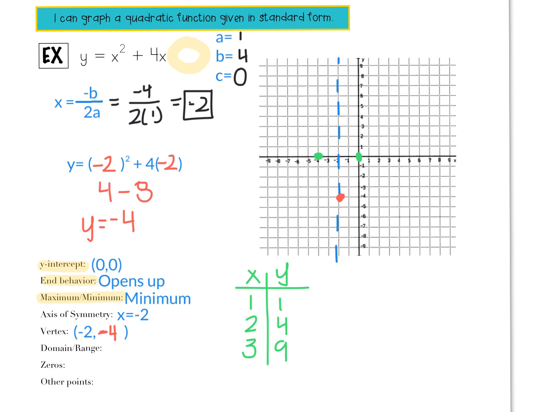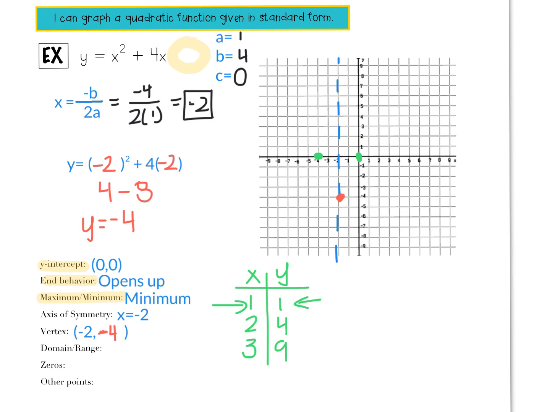So we would essentially say that we're going to multiply these values by 1, which if I multiply them by 1, they're going to stay the same. So from this point of -2, -4, if I shift over 1, so that's my x, I'm going to go up 1.